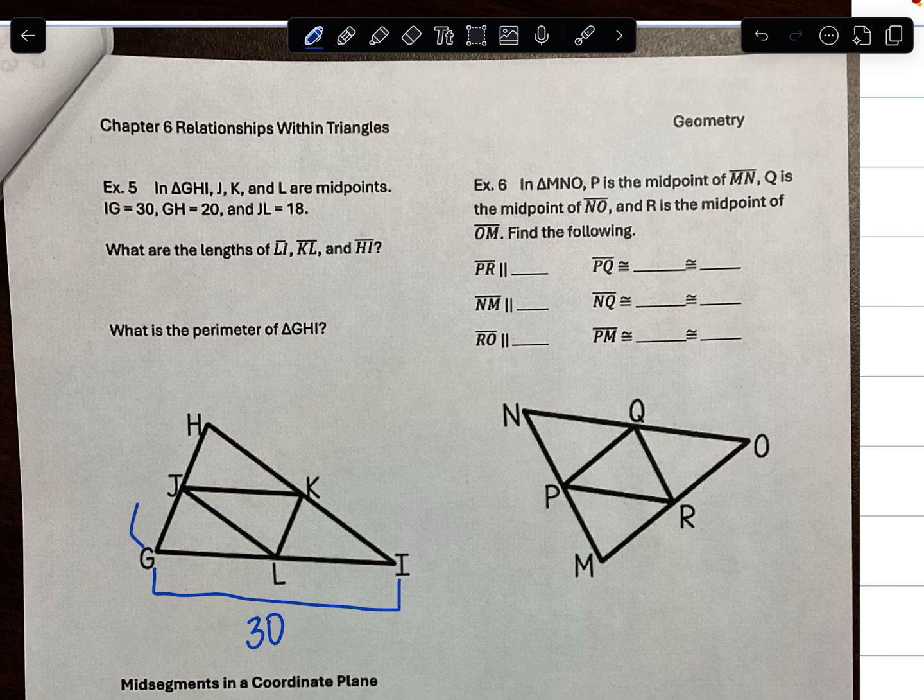GH over here, the whole thing is 20. And then JL, sorry, it gives you JL. So JL here is 18.